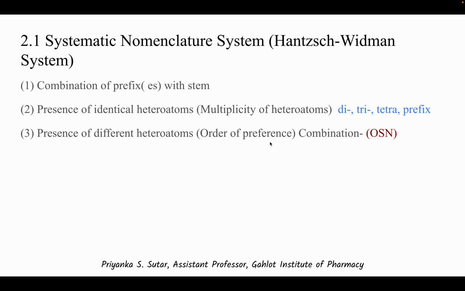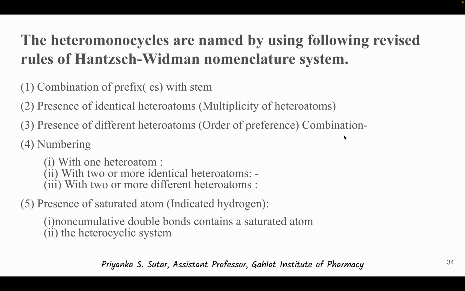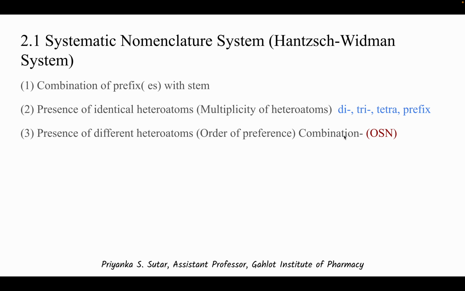Now moving on to different heteroatoms. Here there will be 2 prefixes. In the case of rule number 2 it is prefix, and in the case of rule number 3 it is prefixes. So 2 different prefixes you will use, and the order will be according to table number 1.